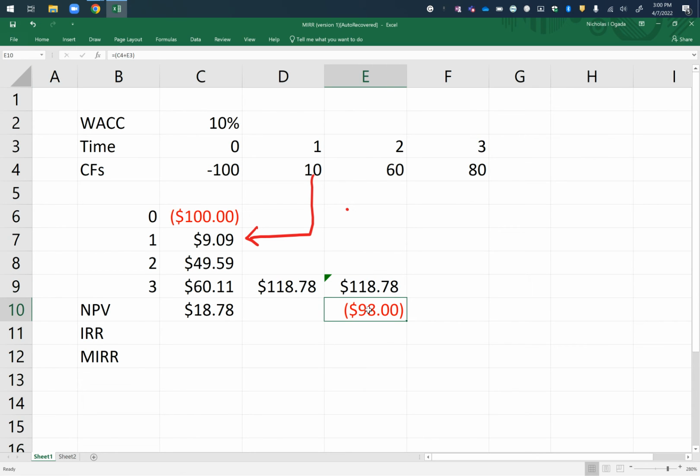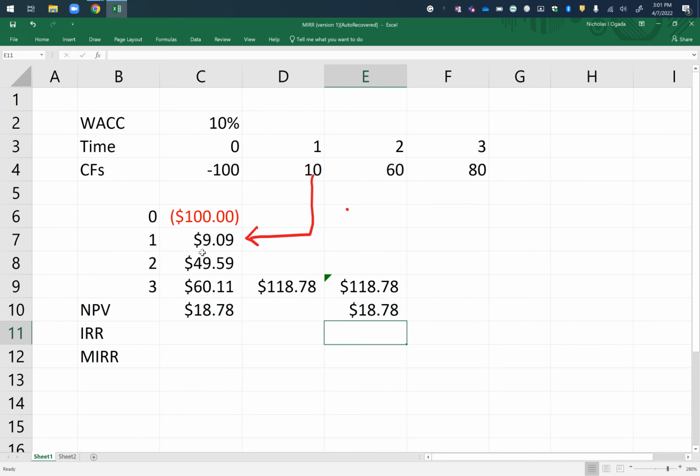It should be 18. So let me see what I did. What I'm trying to do is simply take this value and add it to minus 100. And you can see clearly then that your net present value is 18.78, and it's the same thing if you took the long way to get there.